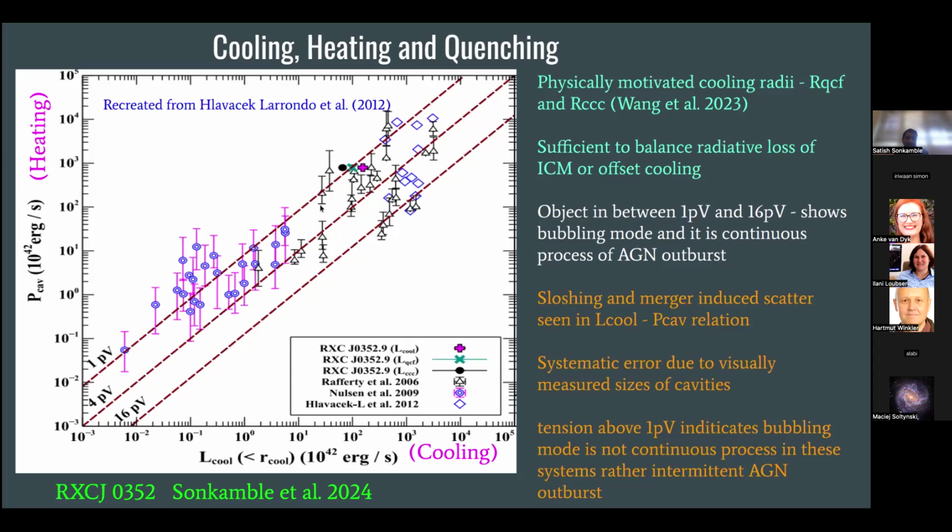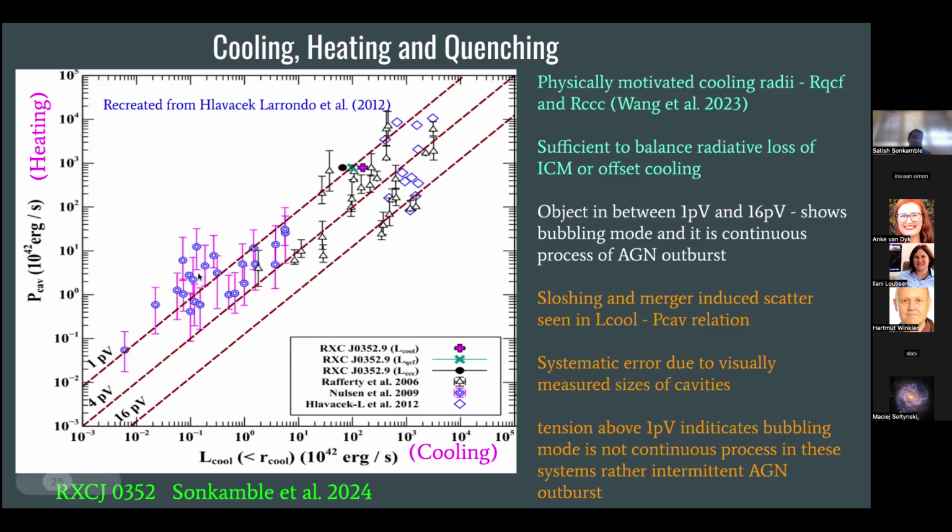And if you look at the lower systems studied by Nielsen, it's basically the groups, and the groups somewhat show above the 1 PV line. This scatter indicates that the bubble formation scenario in groups is not a continuous process in that system, rather it is an intermittent AGN outburst.